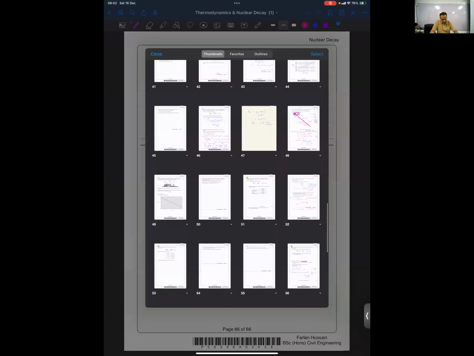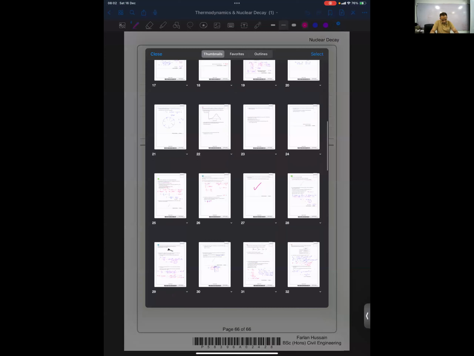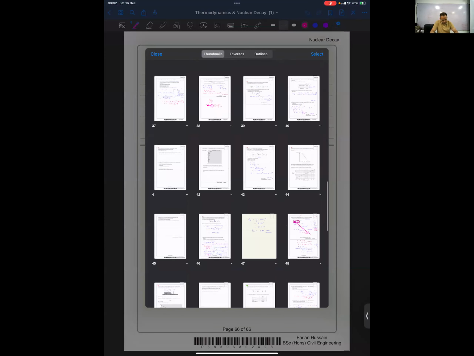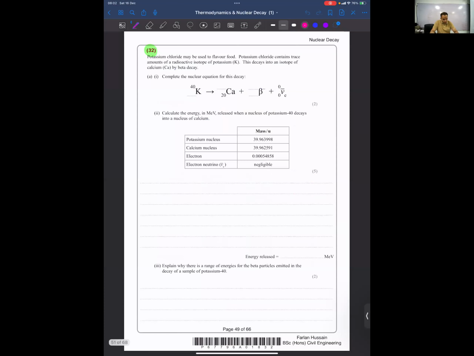The questions that are remaining from nuclear decay, starting from question 32, page 49.